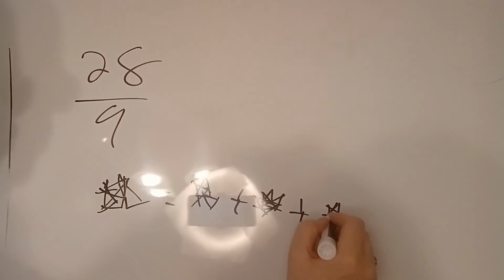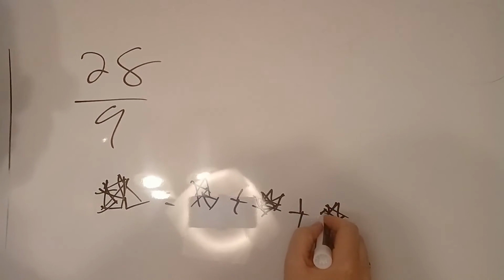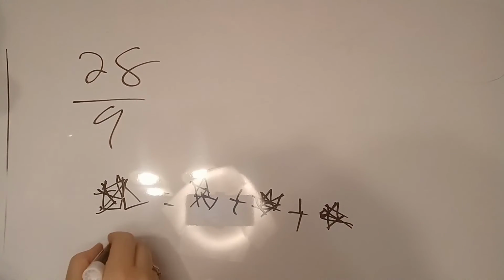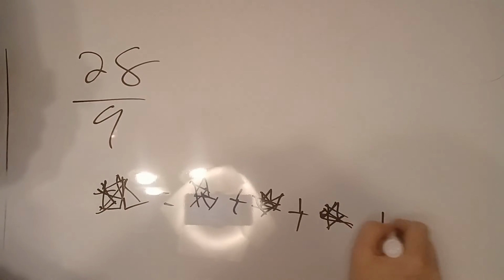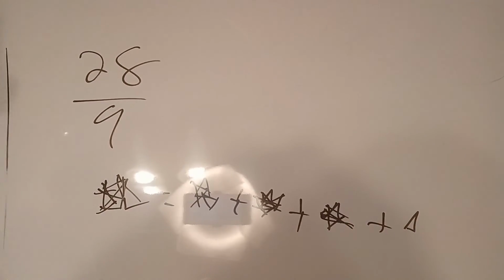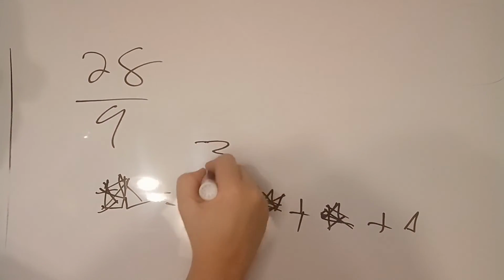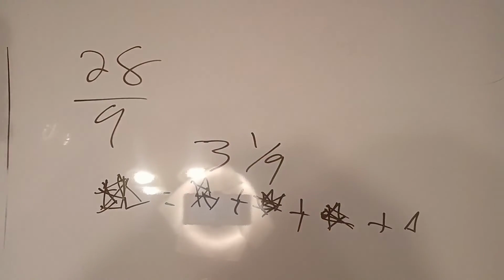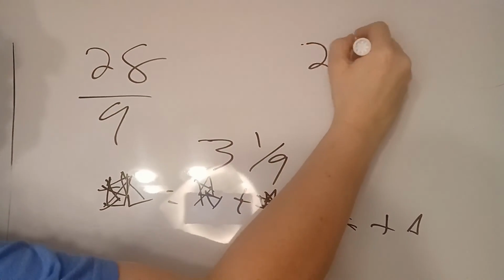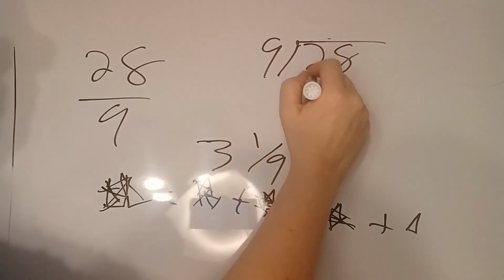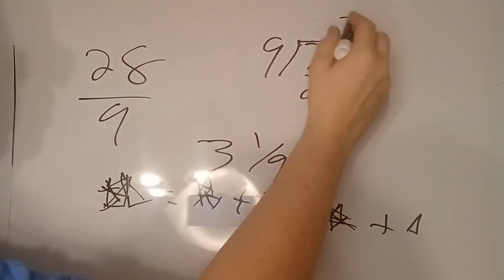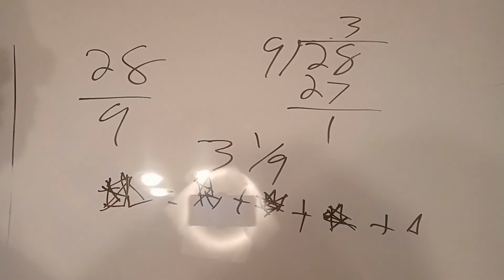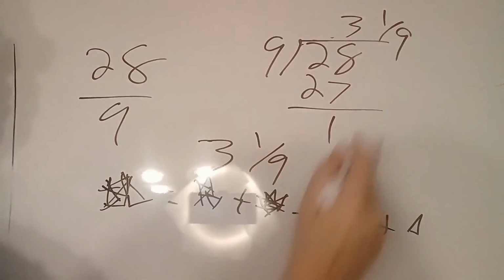We're going to have 3 piles of 9 here, and then we're going to have 1 that's left over here. Just 1. So this is 3 1/9. 28 divided by 9 gives us 3, because 3 times 9 is 27. And we have 1 left over, 3 1/9.